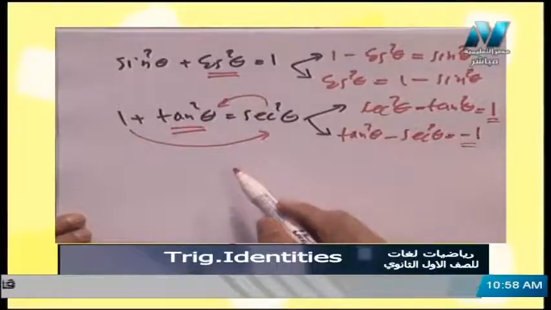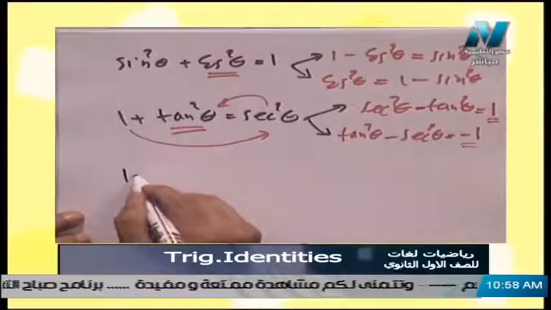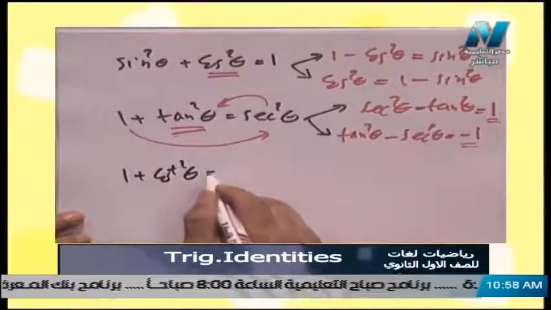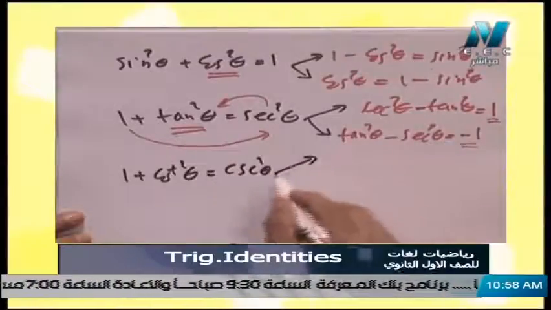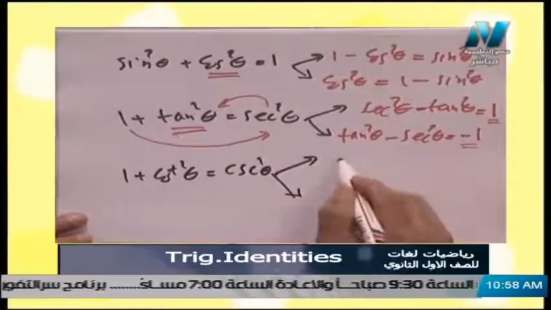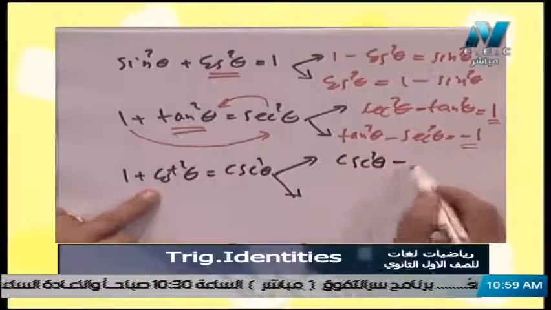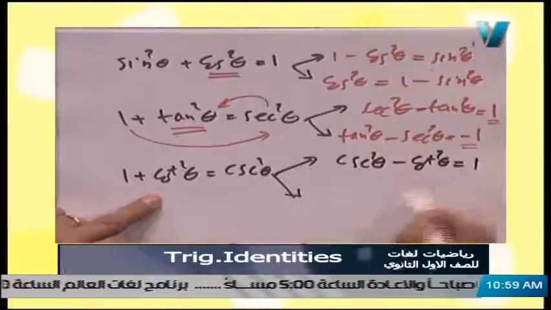Also, we can deduce some shapes of this identity also. 1 plus cotan power 2 theta equals cosec power 2 theta. We can deduce that cosec power 2 theta minus cotan power 2 theta equals 1.